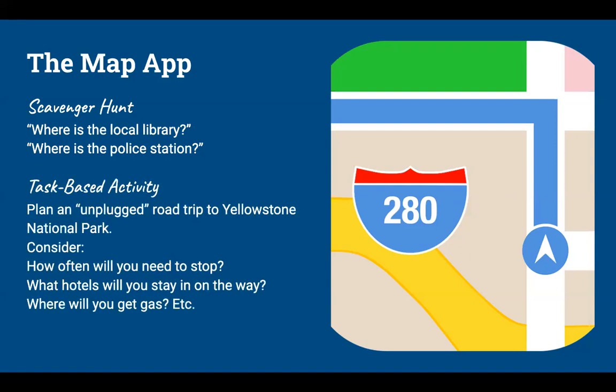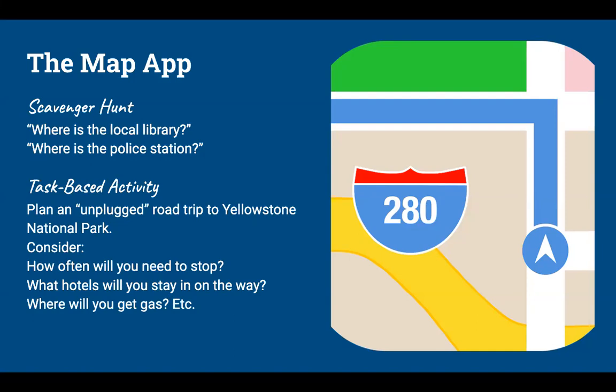I also have a task-based activity that I use, and this is probably for a more advanced group, where they have to plan an unplugged road trip to Yellowstone National Park. Of course, Yellowstone because it's across the country, and they would have to really think about a lot of details. So it's unplugged, so they have to imagine they're not going to take their phones with them, and they have to pre-plan everything.